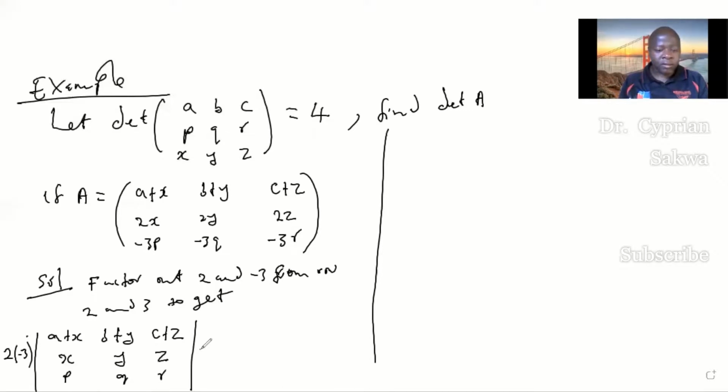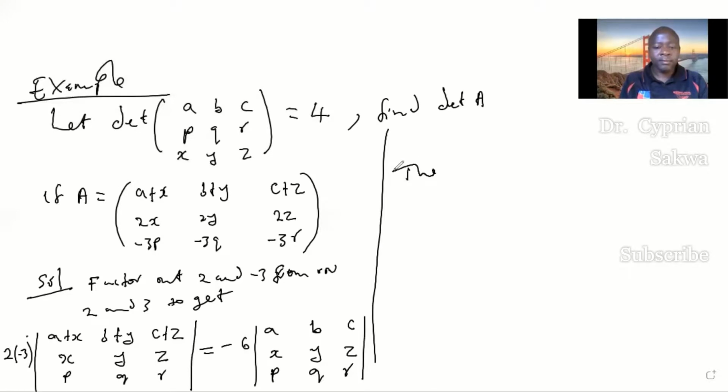So this will be the same as negative 6 times, I want to subtract row 2 from row 1, I would have A, B, C; X, Y, Z; P, Q, R. That's what I would have.